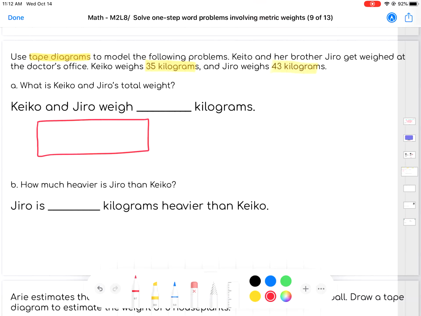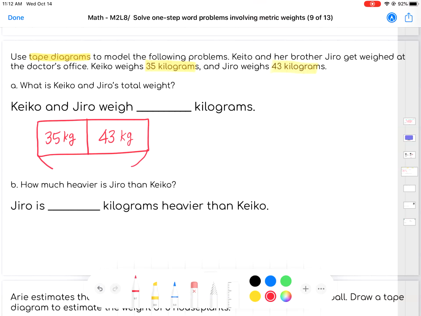So for this one, I'm going to draw a tape diagram. And how many friends are there? We have two. One is Kato, and he weighs about 35 kilograms. And Zero, her brother, is about 43 kilograms.